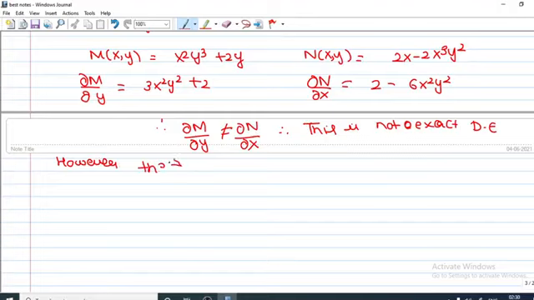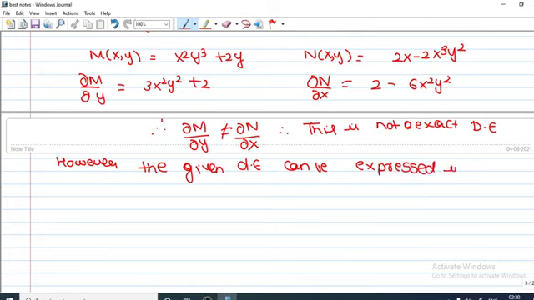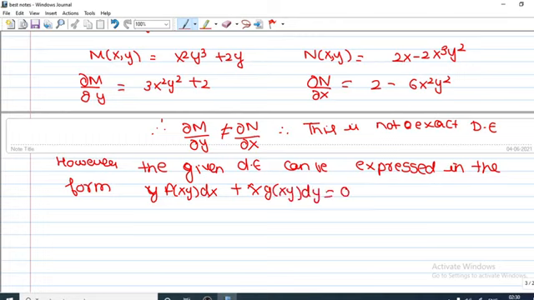the given differential equation can be expressed in the form, which form? y f of xy into dx plus x into g of xy into dy equal to 0.